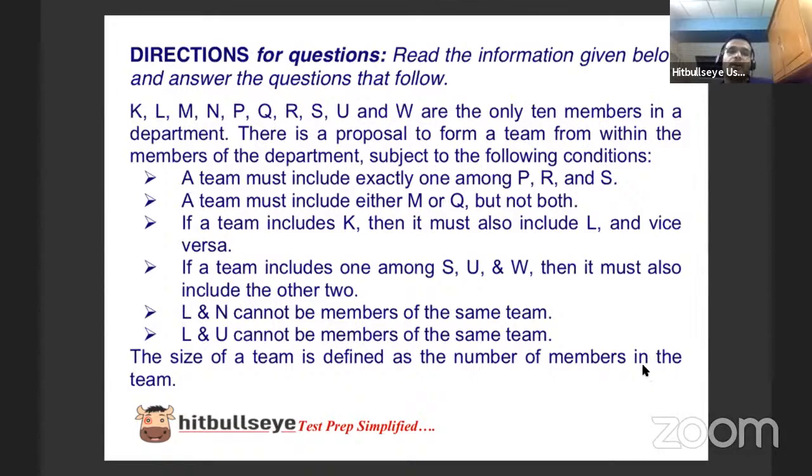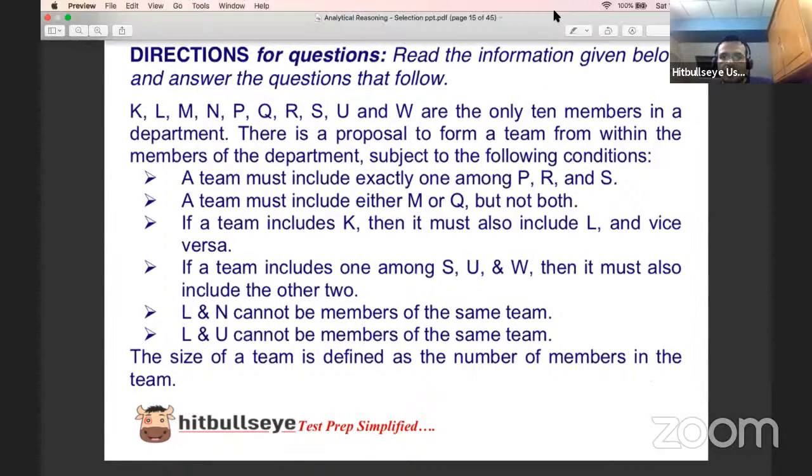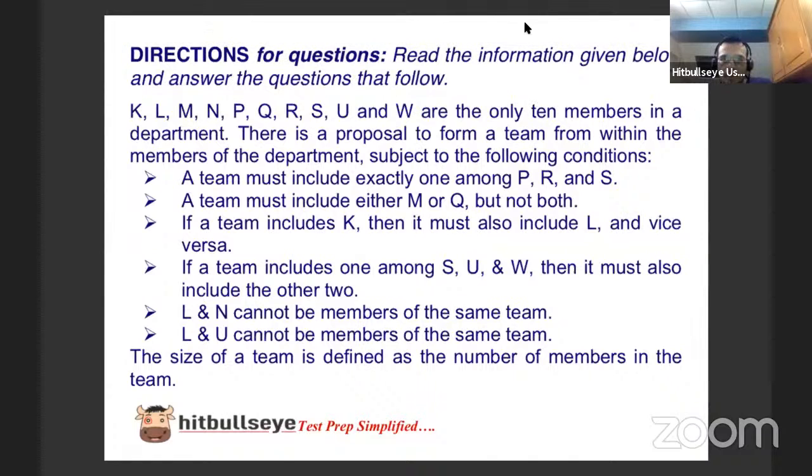We have K, L, M, N, P, Q. Let's write it down over here. K, L, M, N, P, Q, R, S, U and W. These are our 10 members in a department.